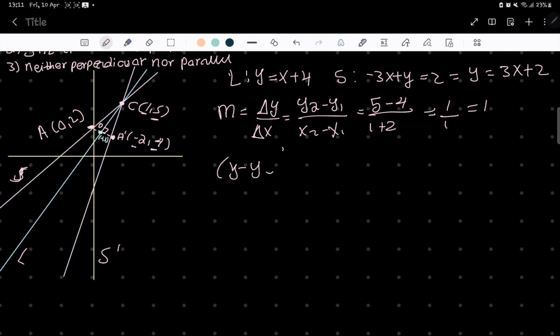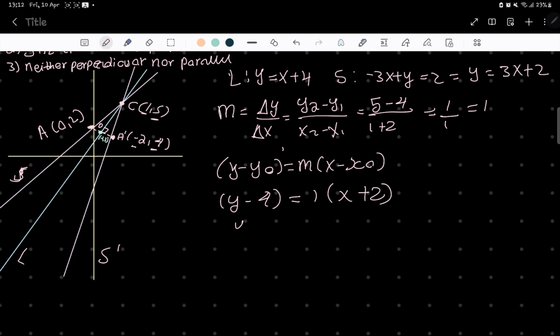Once we find the slope, it's pretty simple to set everything up from now on. We're just going to use the classic line equation, y minus y naught equals m times x minus x naught, and fill everything in. y naught is just a random point on the line, so y naught will be taken as 4, m is 1, and x naught is minus 2, which will be plus 2 here.